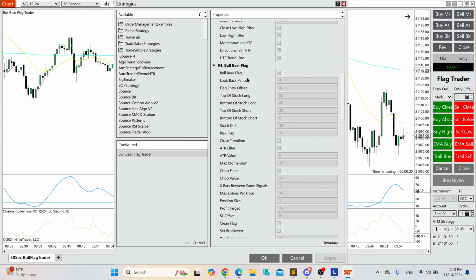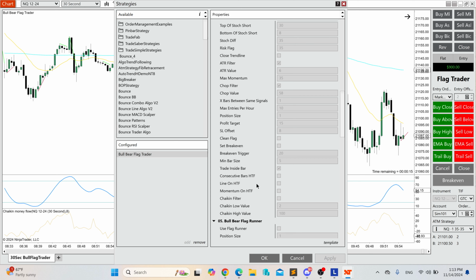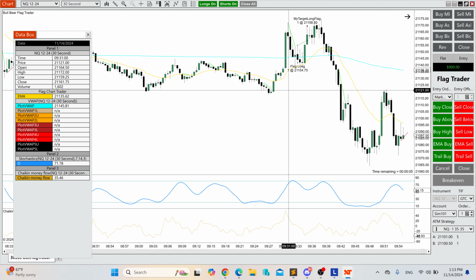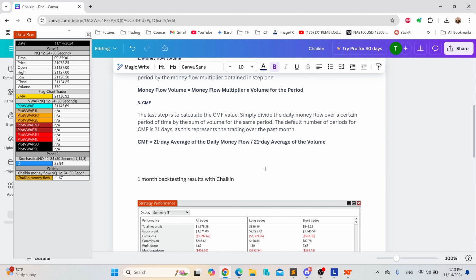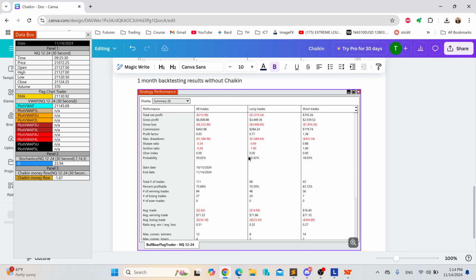Let me show you this in setups. The setups are bull bear flag right here, and see right here it's not selected. I was going to show you the results from the test results. We see one month of results without Chaikin: we get 111 trades, 75% profitable.